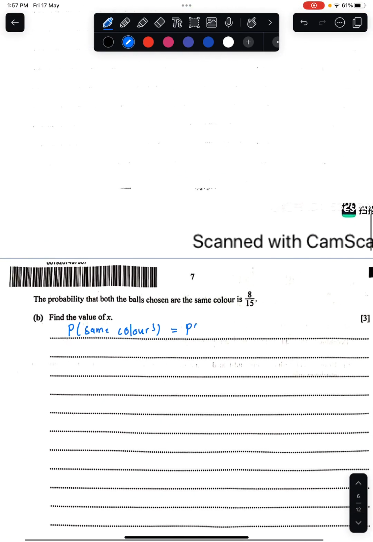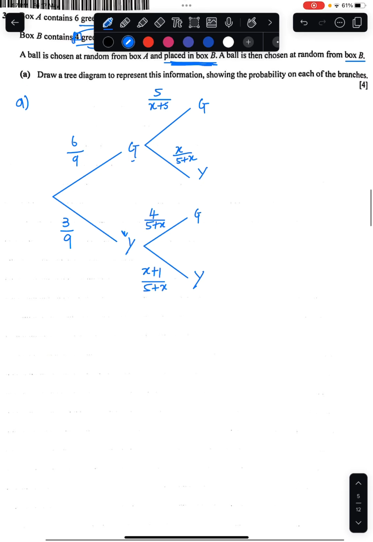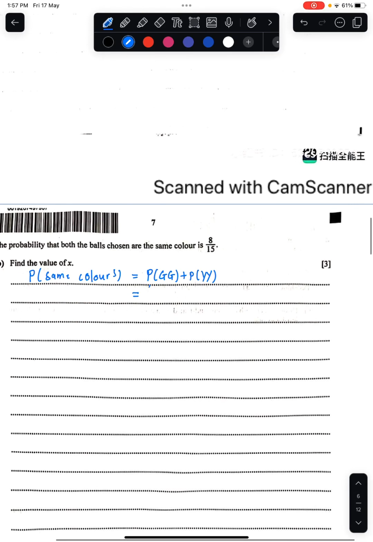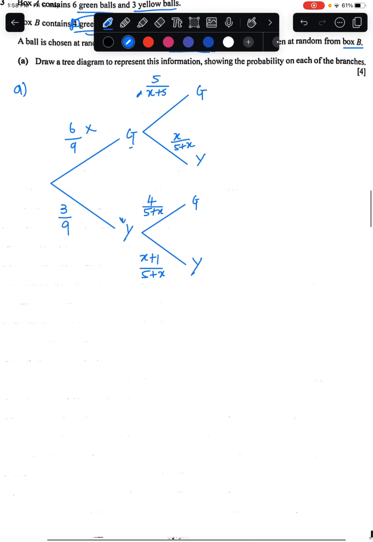So probability of GG plus probability of yellow yellow. The chance of getting green and green is 6 over 9 times 5 over x plus 5, plus yellow and yellow, so 3 over 9 times x plus 1 over 5 plus x.